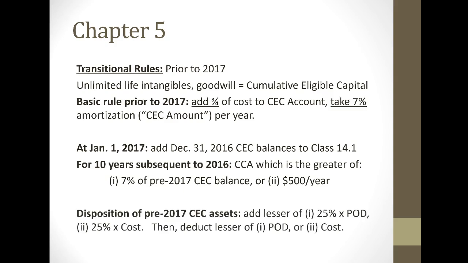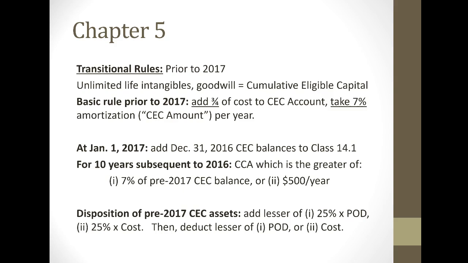Also, with disposition of pre-2017 CEC assets. If a company had unlimited life intangibles or goodwill prior to 2017, and that balance carried over into 2017, and they disposed of those assets, there's basically a two-step process. First, to Class 14.1, they would have to add the lesser of 25% of the proceeds or 25% of the cost. That brings the asset being disposed of back to the 100% amount.